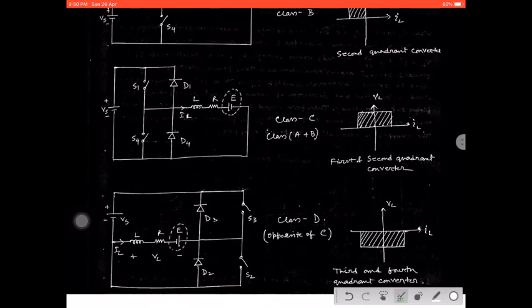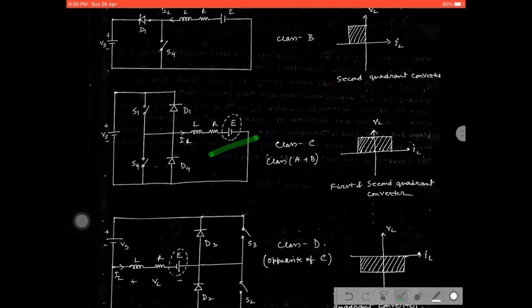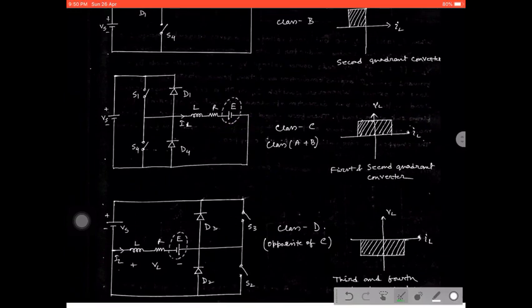This S3 should be connected to the negative part of the E. That is why the direction of the E has changed in this particular circuit. But apart from the other circuits, all are connected in a similar manner for the E part. But as it is the opposite of the C, it should be connected opposite of this direction.